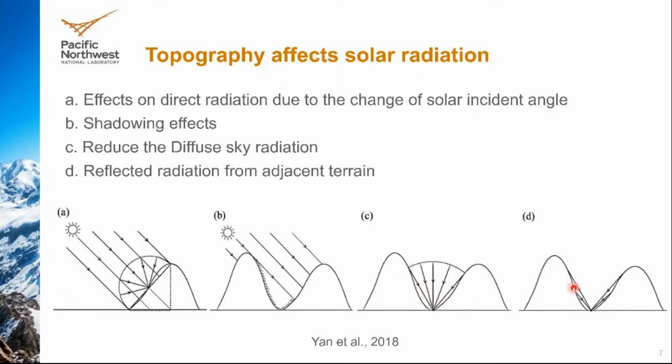Figure D shows that the adjacent terrain can reflect radiation to the target object, so this part can increase the radiation of the target.